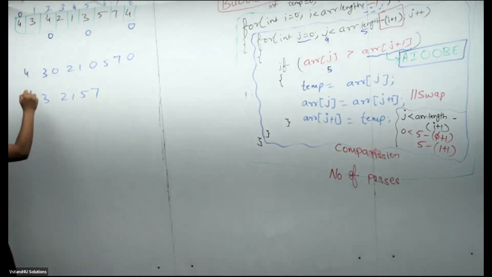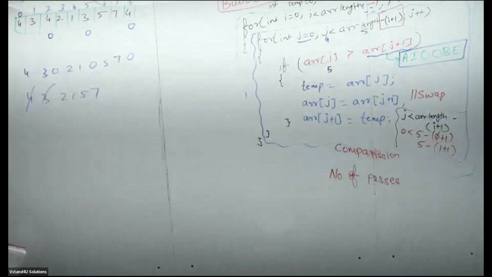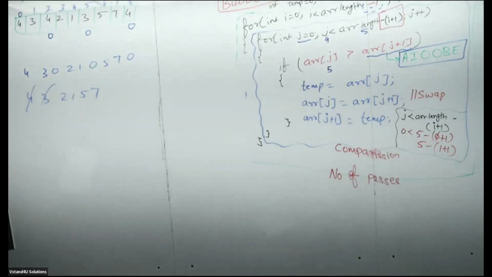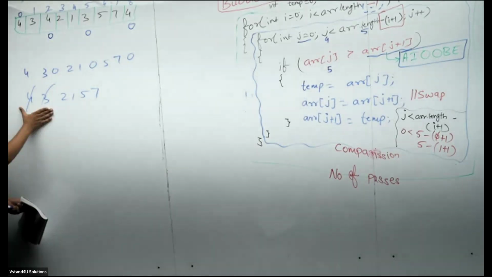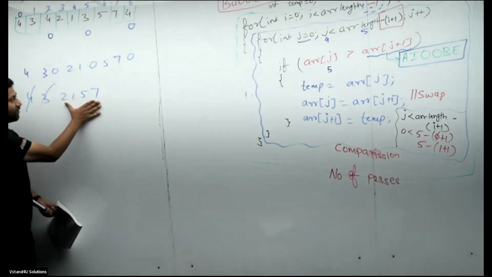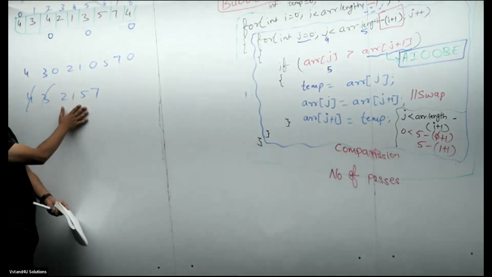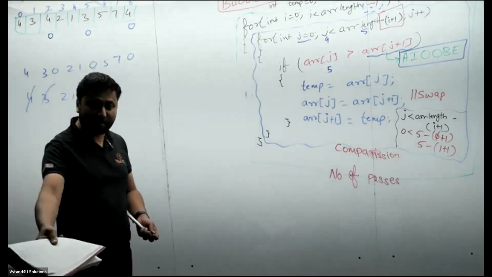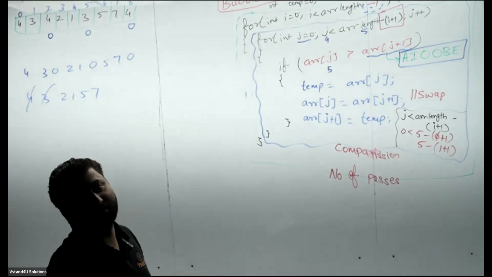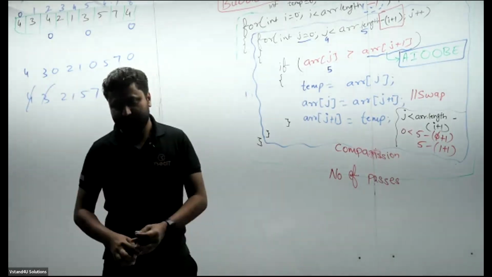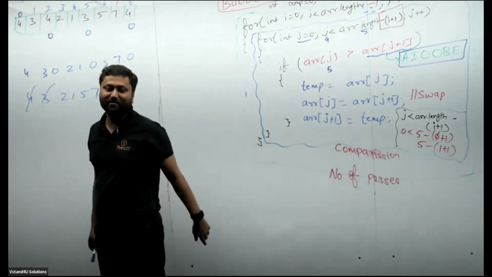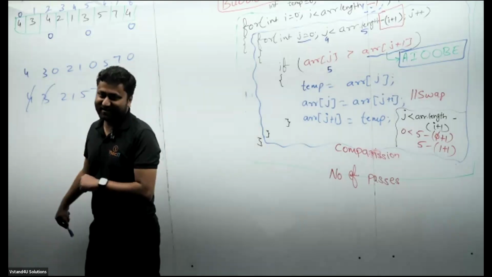In this, 4 is duplicate, 3 is duplicate. Either you print duplicate elements or you print unique elements. What you have done is to remove duplicate occurrences. That is absolutely correct. This is the next program, that is our next logic.